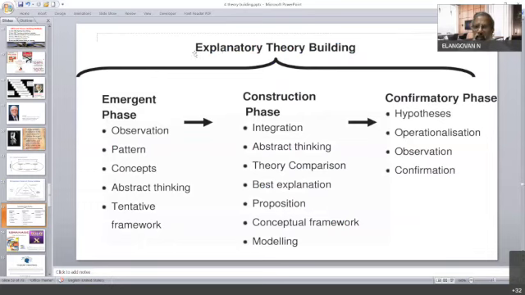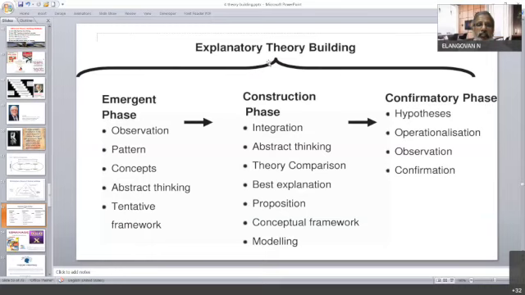So the explanatory theory building process, when there are no known variables, is what we call qualitative research, or mixed method research. There we may have three different phases. The emergent phase, where the concept is emerging. The construction phase, where the hypothesis emerges. And the confirmatory phase, where we validate and confirm the theory.